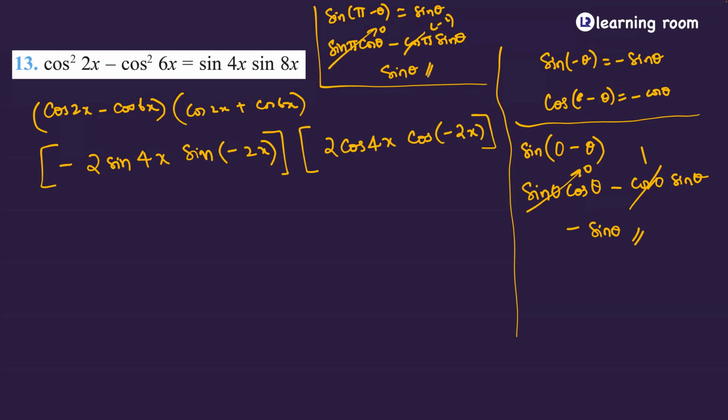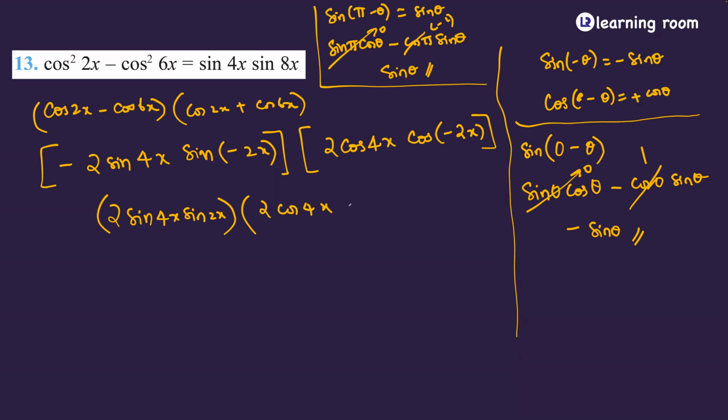So if you know this, then what can I do here? I already have a minus. Sine of minus theta is minus sin theta, which means this minus will come out. Minus into minus will become plus. So it is going to be 2 sine 4x into sine 2x into 2 cos 4x, cos of minus theta. Sorry, cos of minus theta is plus cos theta.